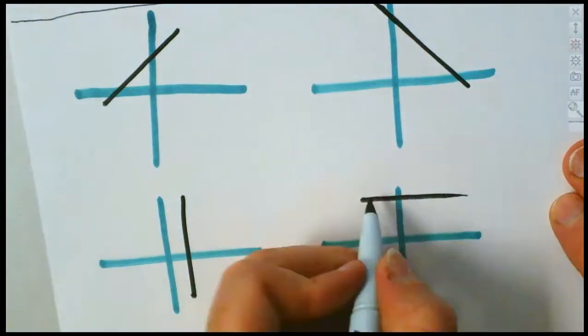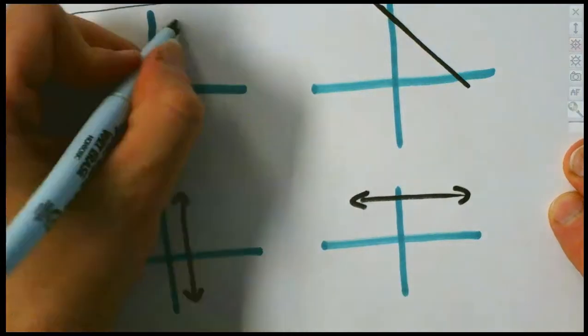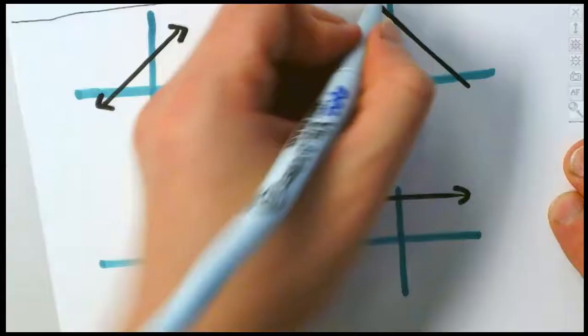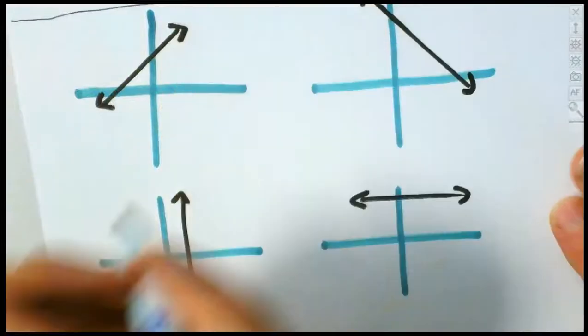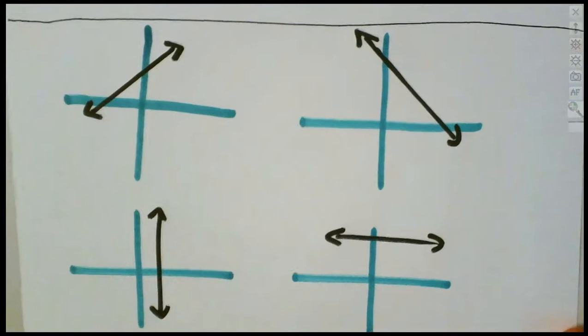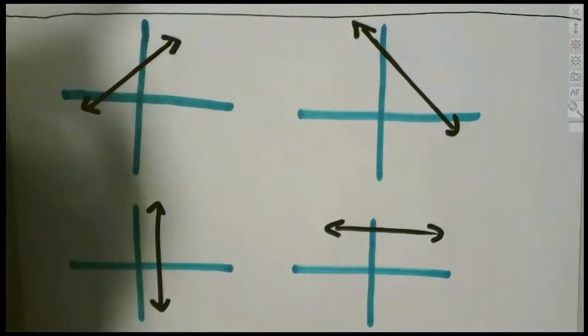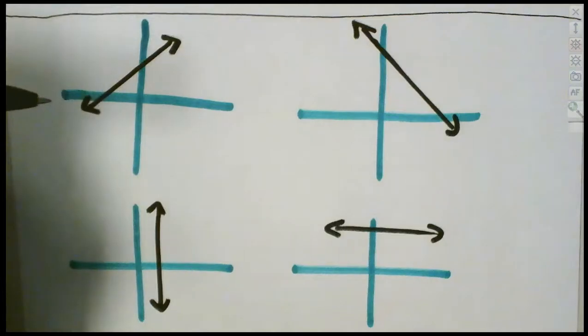Okay, so these are our 4 slopes that we're going to be looking at here. Now the first 2. What's happening with these? Well, the way I remember these is I think of it like a roller coaster. And I always work from left to right.